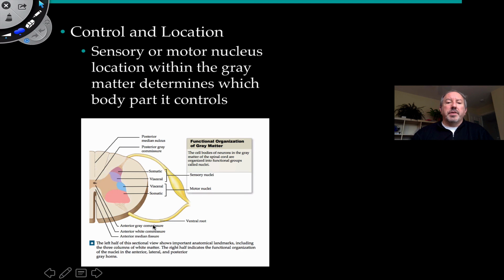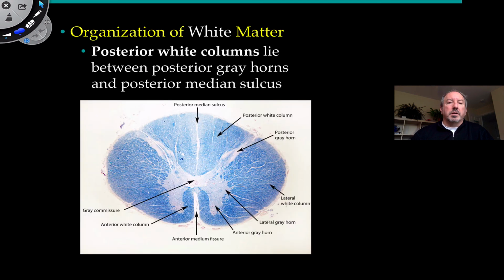You can see here's the ventral root right over here, and here's the dorsal root connecting to the posterior and anterior horns right over here. And basically it determines what body part it's controlling. It's kind of interesting. We won't go too far with that, but it's kind of fascinating.